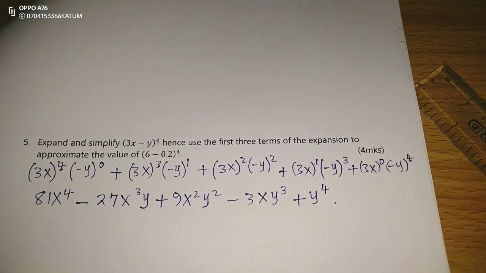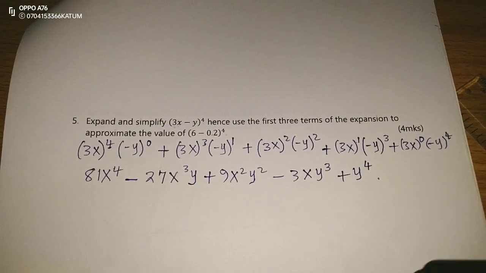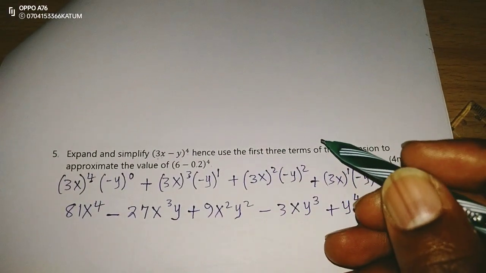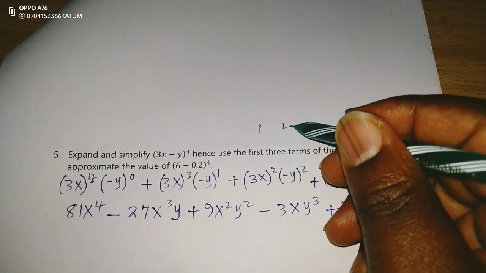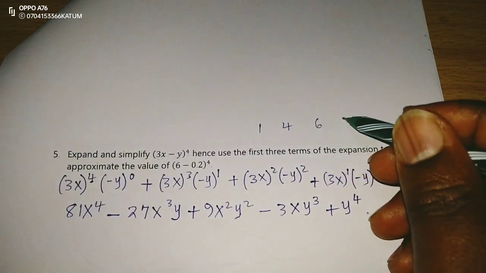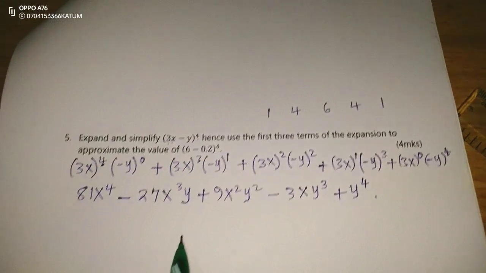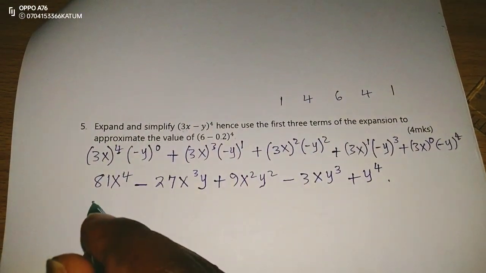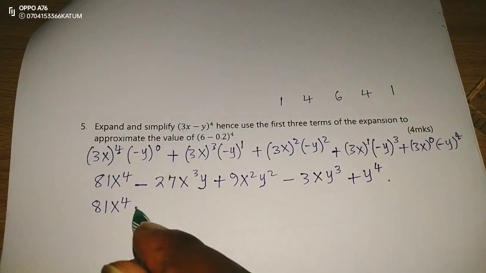That is the expansion. The next thing is to insert our coefficients. The coefficients for power 4 from Pascal's triangle are going to be 1, 4, 6, 4, and 1 for the 5 terms. Therefore, we shall start with 81x^4 multiplied by 1, so it will remain 81x^4.